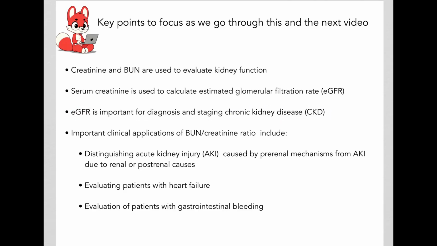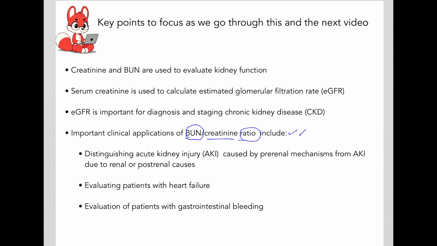And if we divide the BUN by the serum creatinine, we get what's called the BUN-creatinine ratio. This ratio has several important clinical applications. In the next video, we'll talk about some of these.